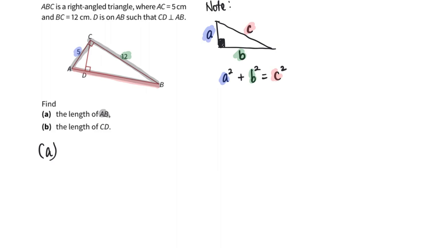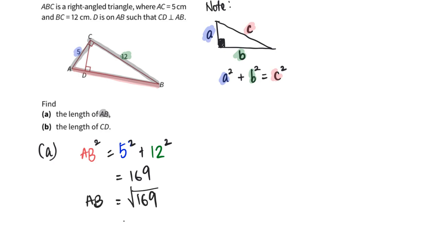My AB square will be in red, will be equals to my 5 square plus 12 square to give me 169. So AB is simply the square root of 169, 13 cm. Done.